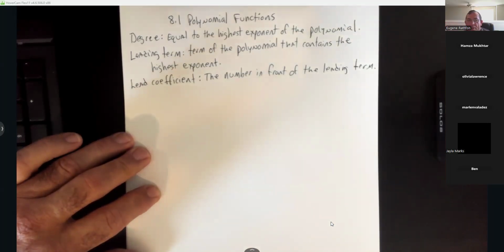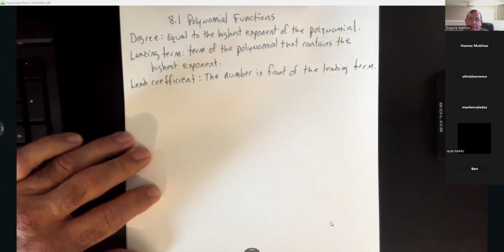All right, so the leading term contains the lead coefficient. It contains the degree of the polynomial, okay?